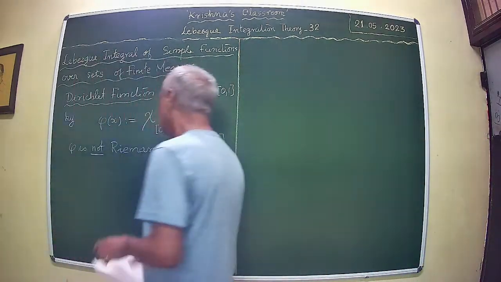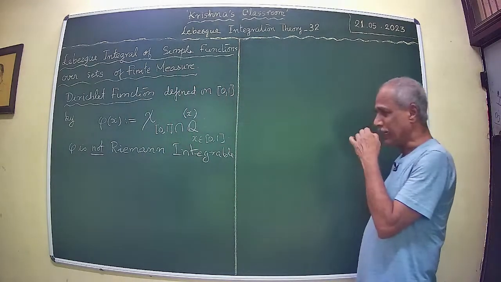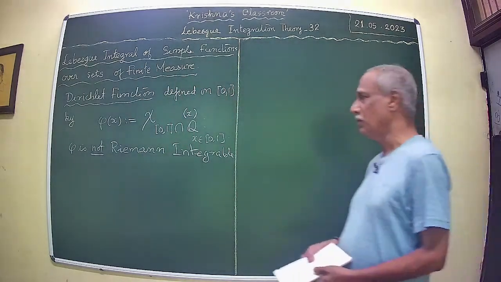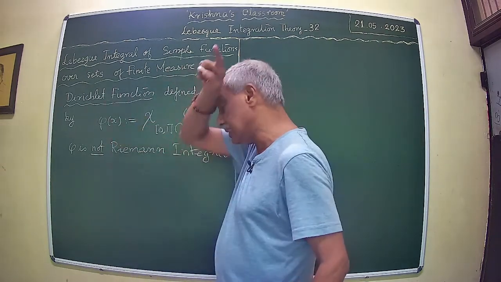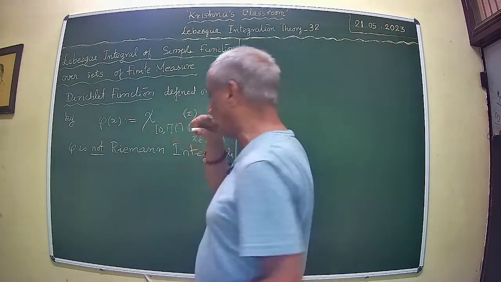Okay. Now we look at another aspect of it, namely, we can approximate phi by a sequence of Riemann integrable functions.